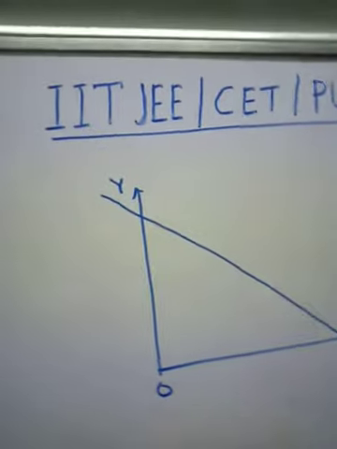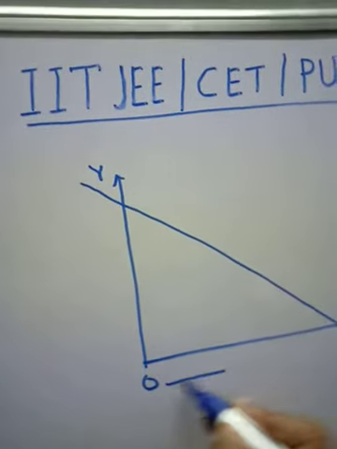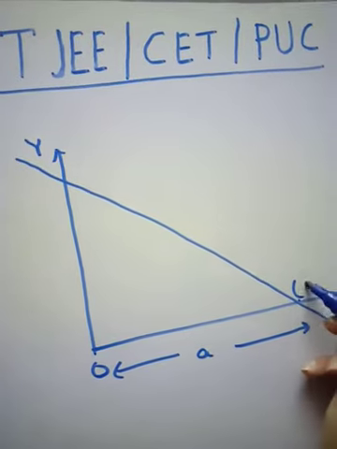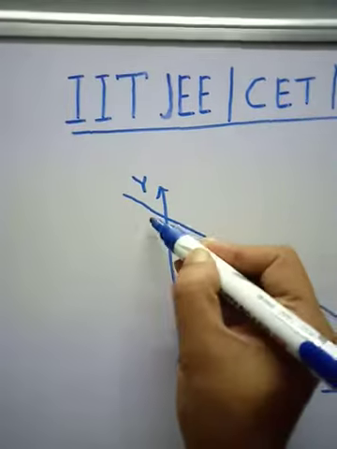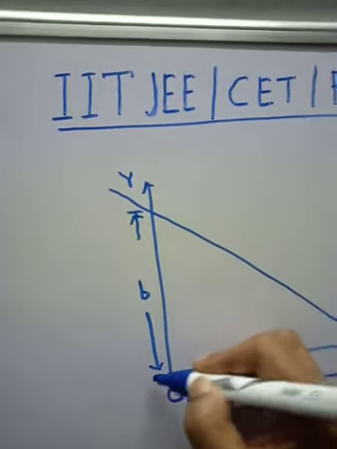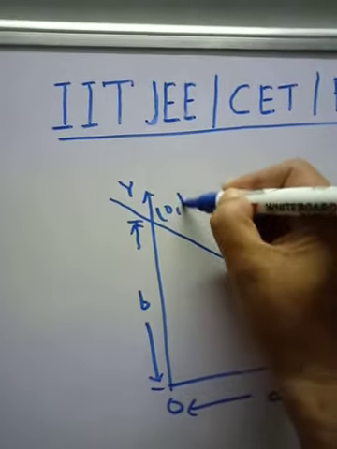From the origin, this distance is a, so this coordinate will be (a, 0), and this distance is b, so this coordinate will be (0, b).